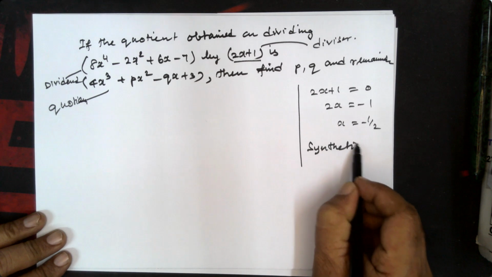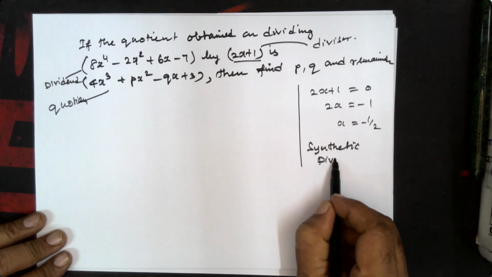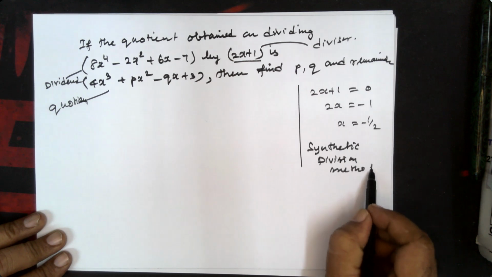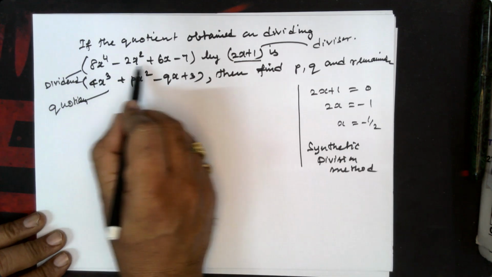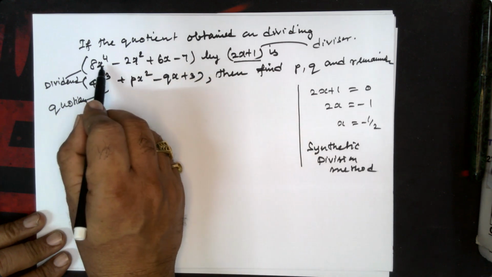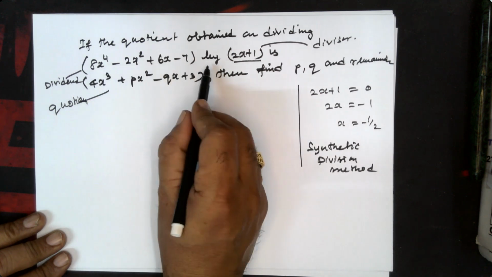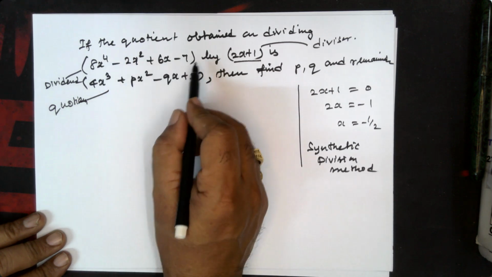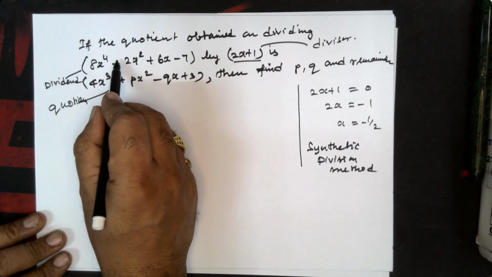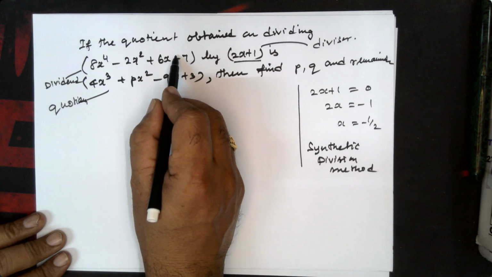In the synthetic division method, you have to make sure the dividend is arranged in descending powers of x. So 4, next is 3. There is no cube, so you can put 0 for this. Then 2, 1 and constant.